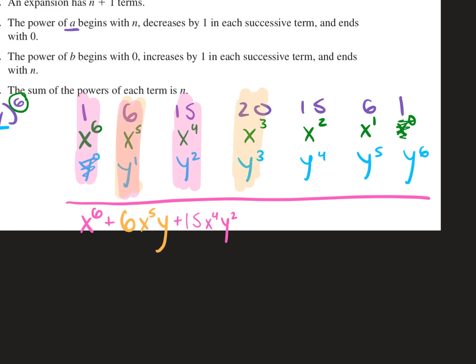Then our next one would be plus what? 20x to the 3rd power y to the 3rd power. The next would be plus 15x squared y to the 4th power. Then plus 6xy to the 5th power.